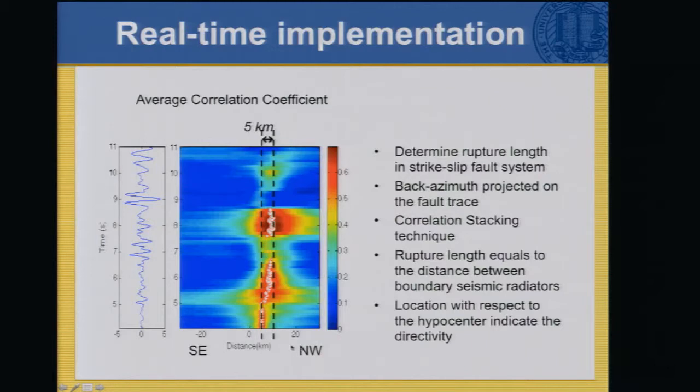The idea is that at each time instance, the maximum cross-correlation should indicate where the rupture front is. If you do this over the whole duration of the earthquake, you will see where the earthquake starts and where it ends. That gives you a rupture length, as well as the rupture directivity, if you take the relative position of the rupture length with respect to the hypocenter.